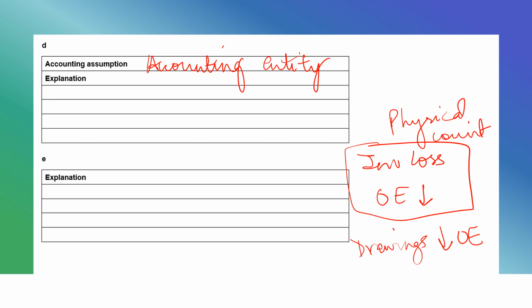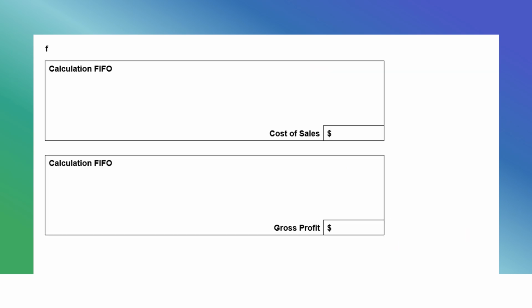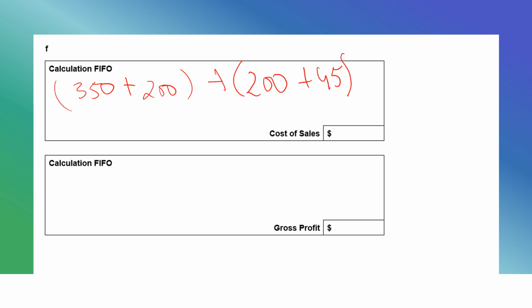So with this one, you'd have to refer to the inventory cards, but for FIFO, these are the transactions we're picking: 350 plus 200 plus 200 plus 45 is equal to 550 plus 245, which gives us 795.